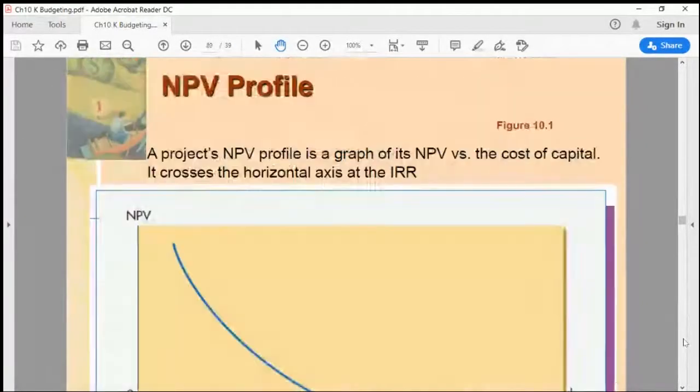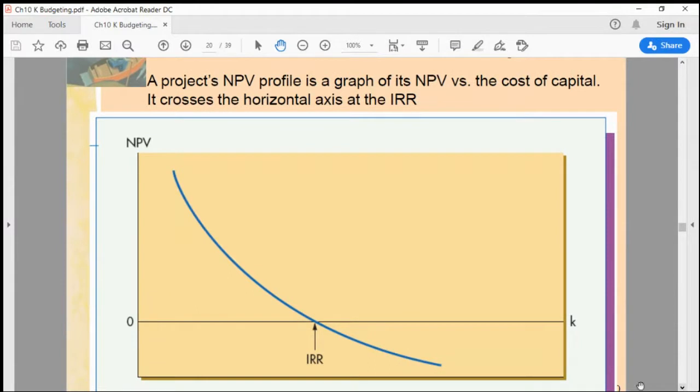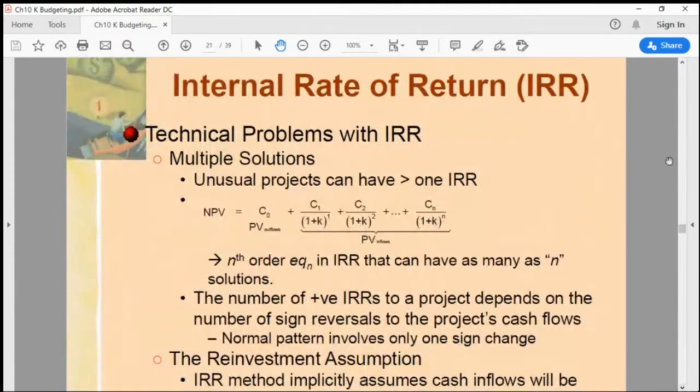We did the examples. There's something called net present value profile. A project's net present value profile is a graph of its net present value versus the cost of capital. It crosses the horizontal axis at the internal rate of return. What this means is, oops, I'm sorry.